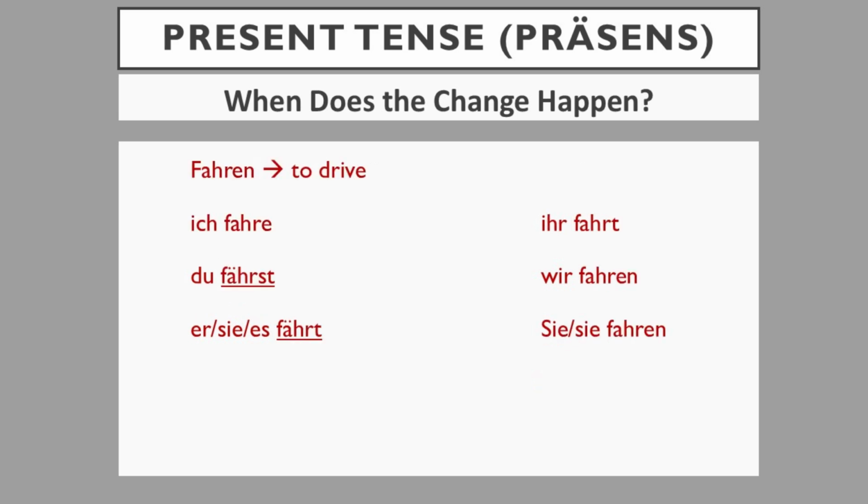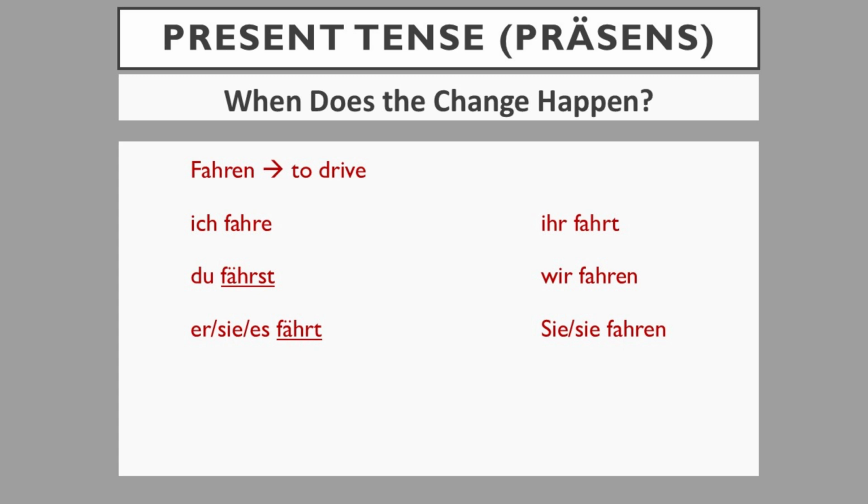Let's look at an example. The word fahren means to drive. Regular pattern would suggest du fahrst, but German changes the stem. Here, the letter A becomes Ä. Du fährst.